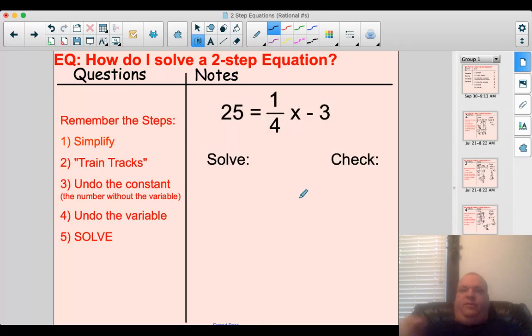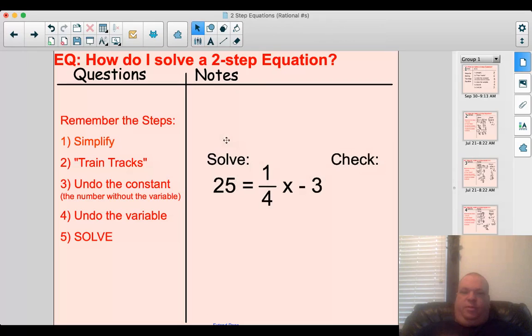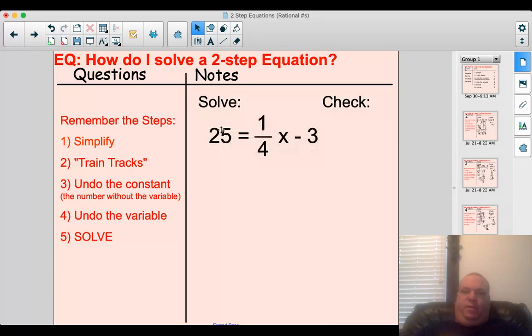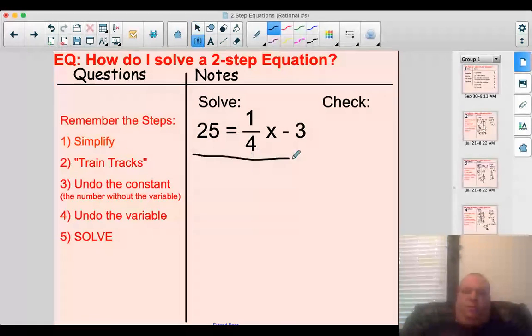All right, for this one, turn this down, bring that up. So, no simplifying to do. X is being multiplied by 1/4, and then we're subtracting 3. So working backwards to undo that, I add 3 first.